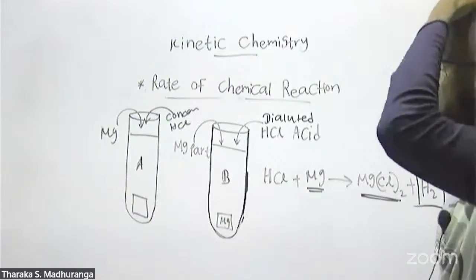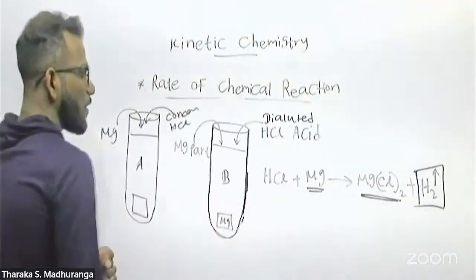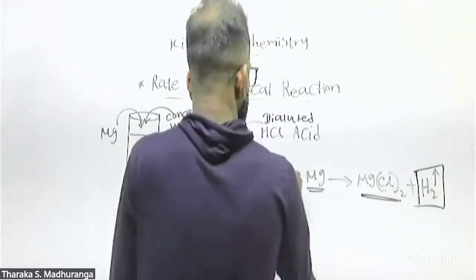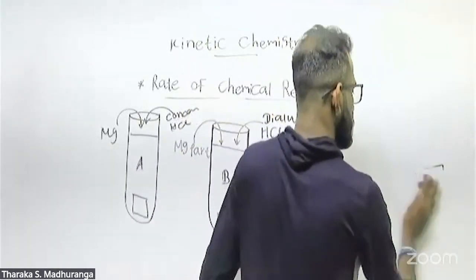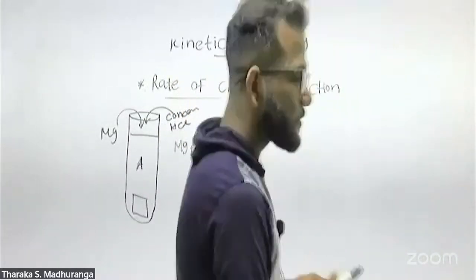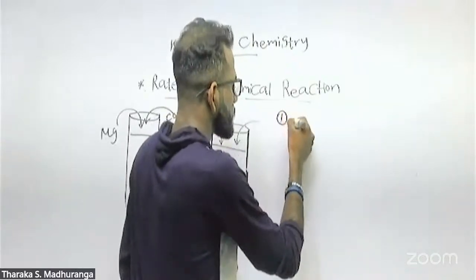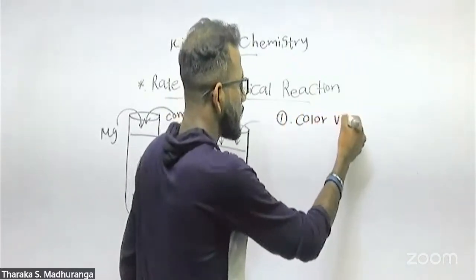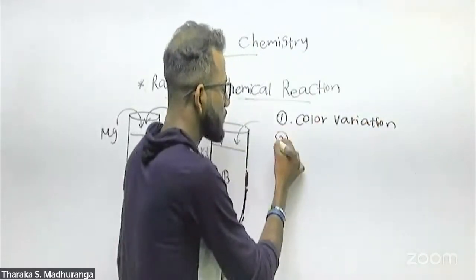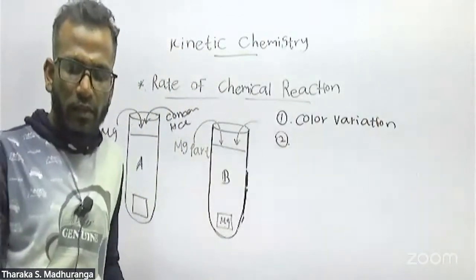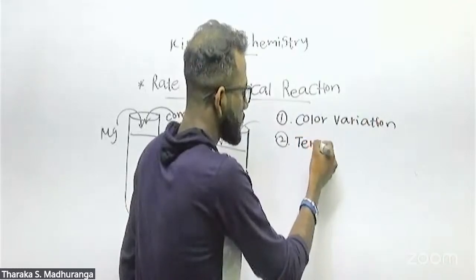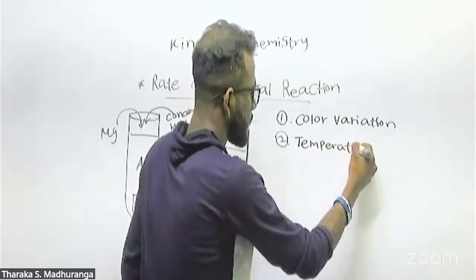Okay, write down observation examples. What are the observations? First one, color variation. The second one is temperature change.